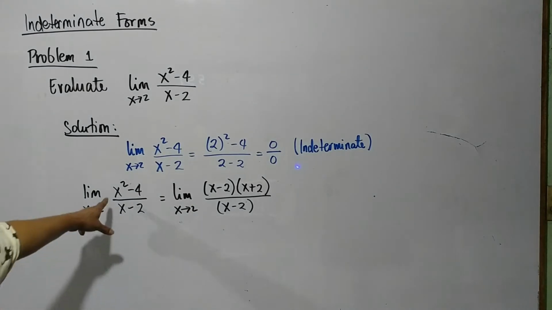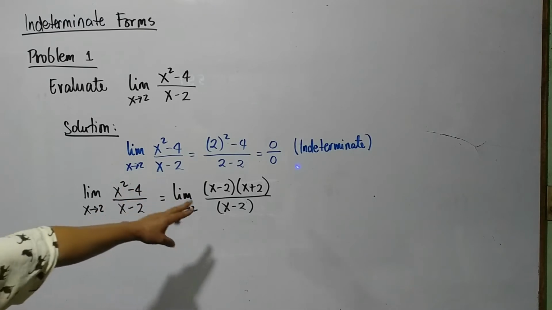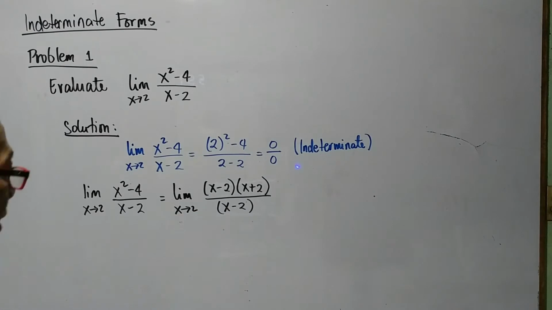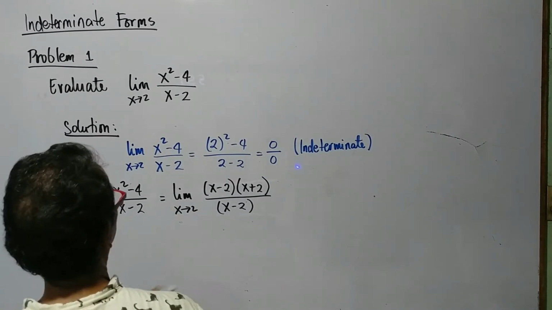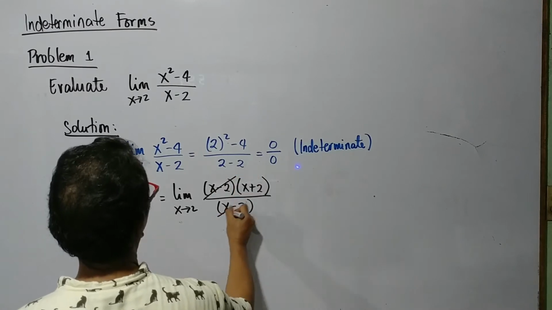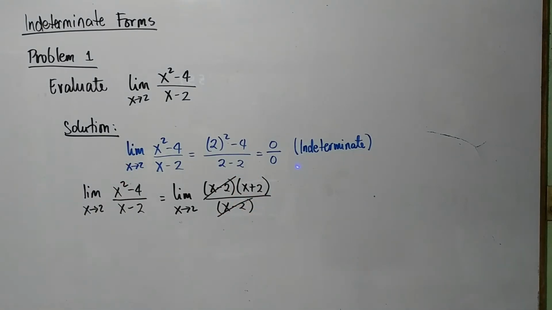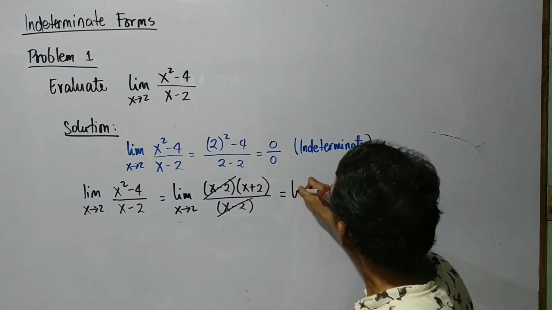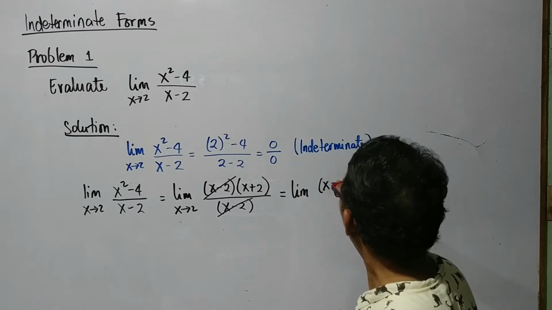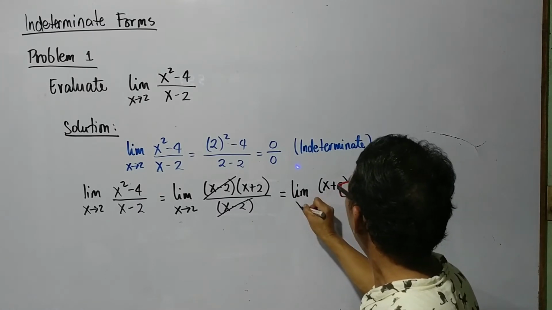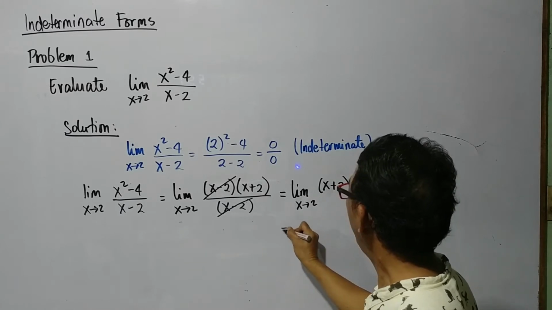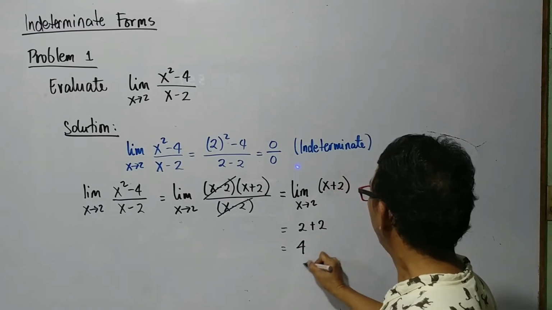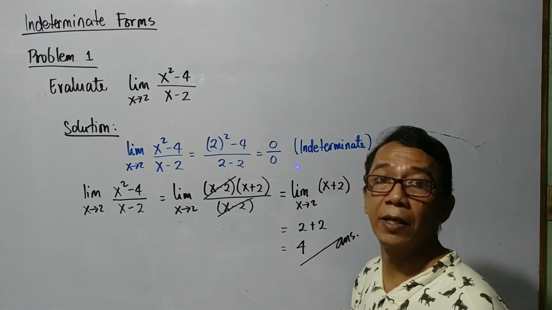By factoring x squared minus 4, you have now x minus 2 and x plus 2. Then, you can now cancel out. What happened? We have now, then apply. So you have now, so the answer now is 4.